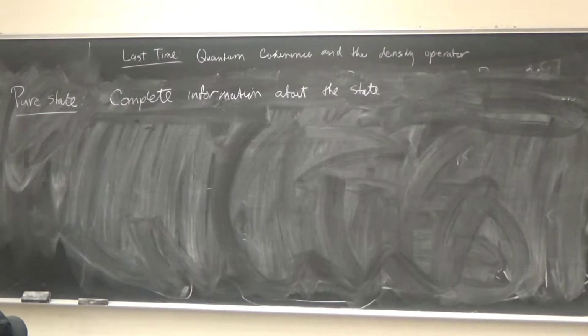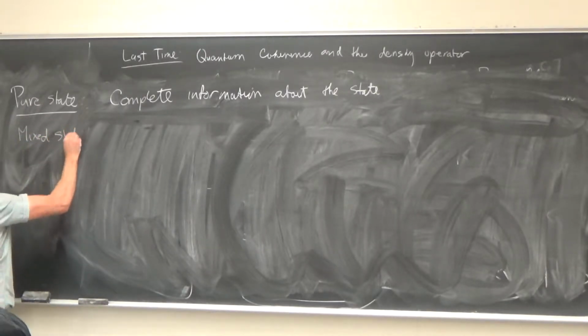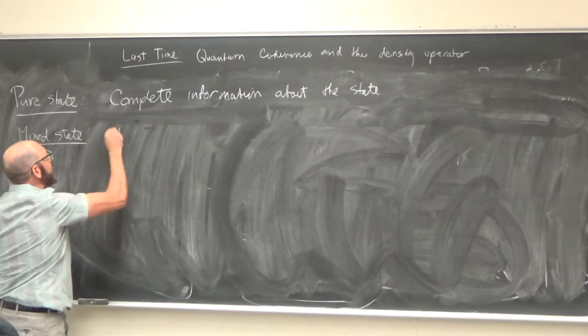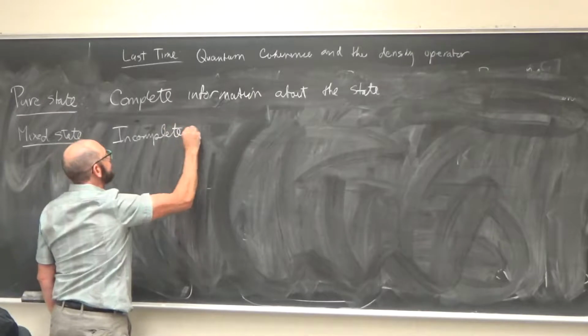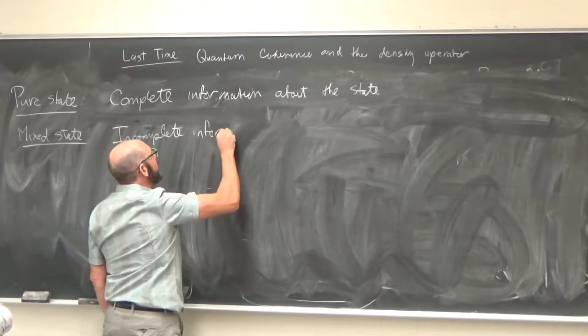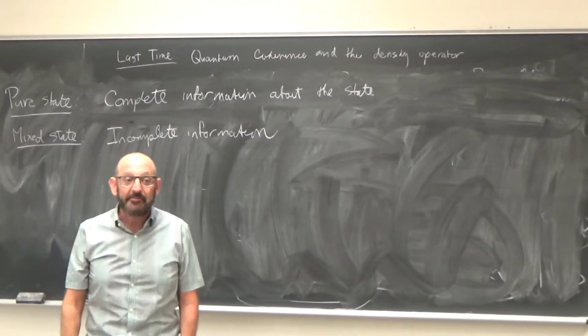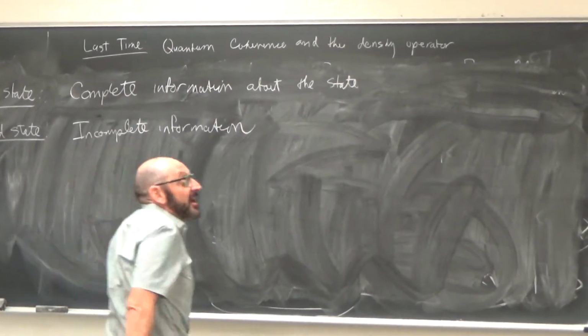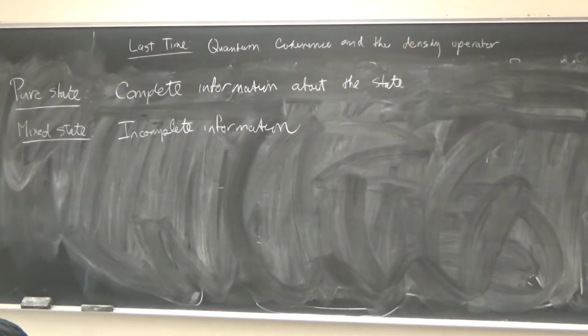Okay? A mixed state is one where I have incomplete information. Now, the information can then be completed somehow. If it's incomplete in this sense of the word, then in principle it can be completed.